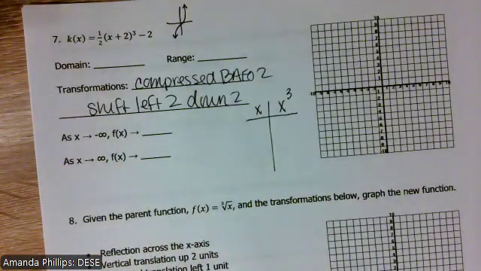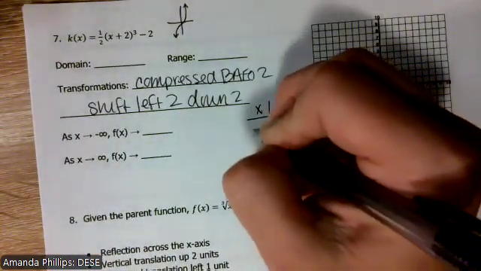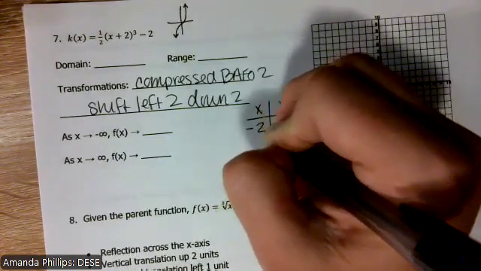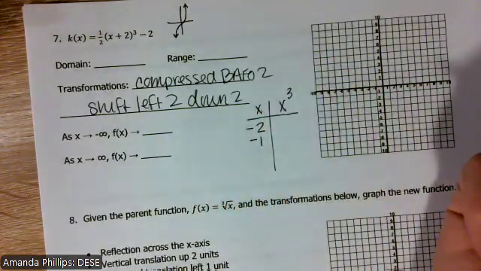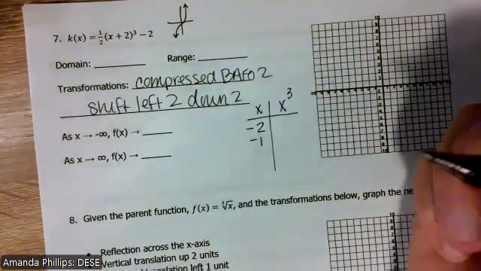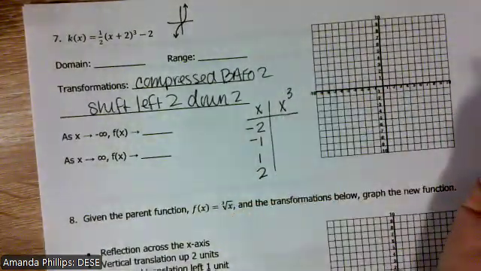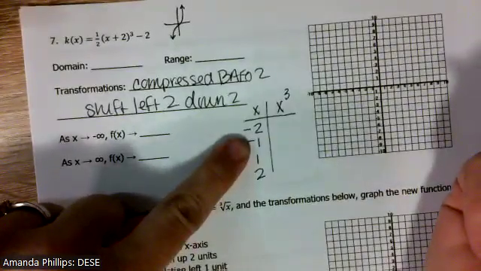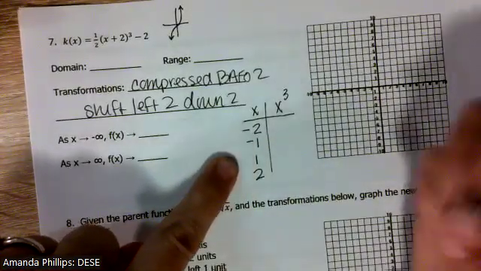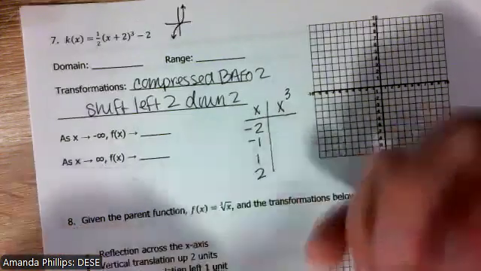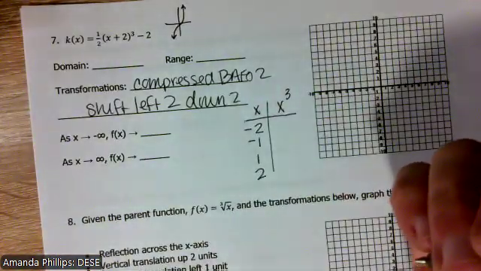Plus, we want to see some negative sides of things. So what if we just said -2, -1? If I say 0, that's not going to help me because 0 cubed is still 0. And then 1 and 2. So I've got some smaller negative numbers and some smaller positive numbers, and I'm pretty confident these will all fit on the graph.